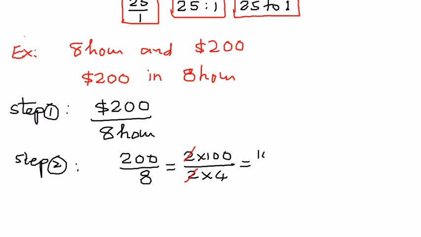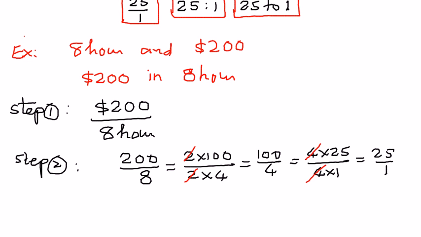We can simplify this some more. 4 times 25 is 100, and 4 times 1 is 4 in the denominator. Again, we have 4 in the numerator and 4 in the denominator. They cancel out, leaving us with 25 to 1.